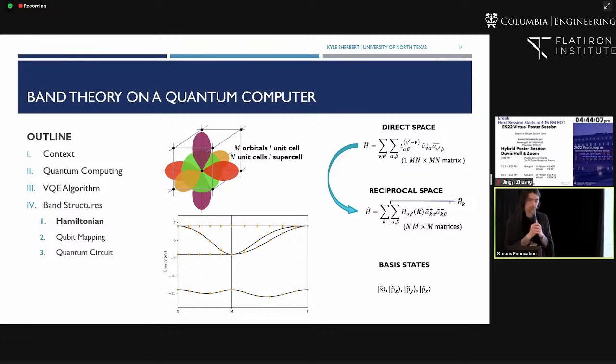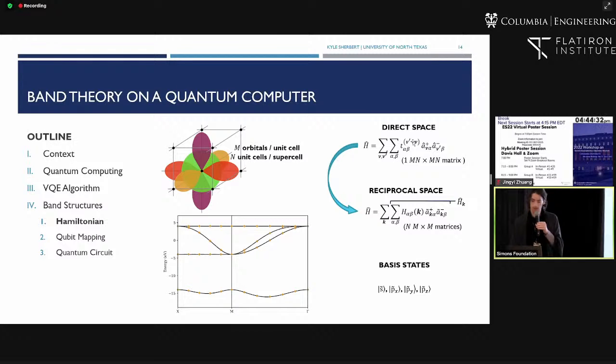And so all we need in order to generate our Hamiltonian is these hopping parameters. So the A's are our creation and annihilation operators, and the subscripts nu and alpha or beta tell you which unit cell and which type of orbital, S or P, we're talking about.